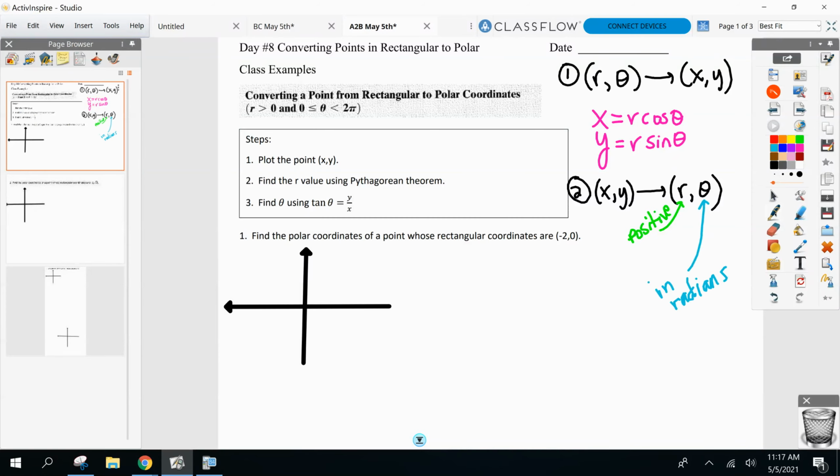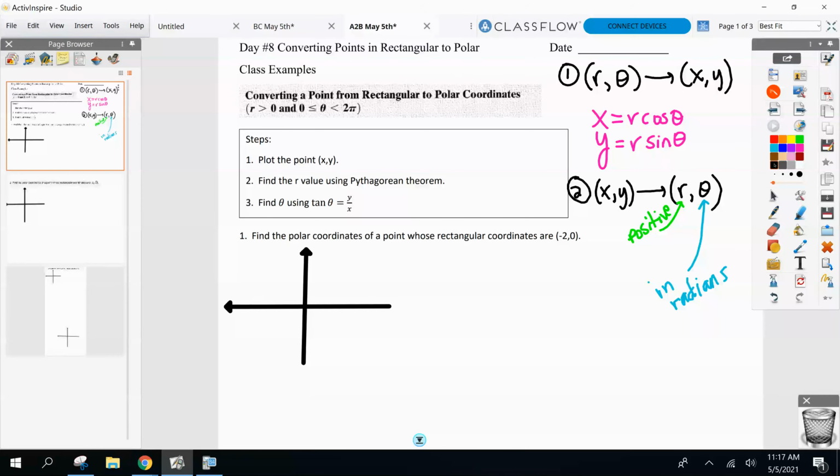All right, are we ready to turn our first rectangular coordinate into polar? -2, 0. What I'd like you to do every time, draw a quick sketch of a graph for me. x, y axes. Plot -2, 0 on there for me. I'll give you guys a lot of time here.